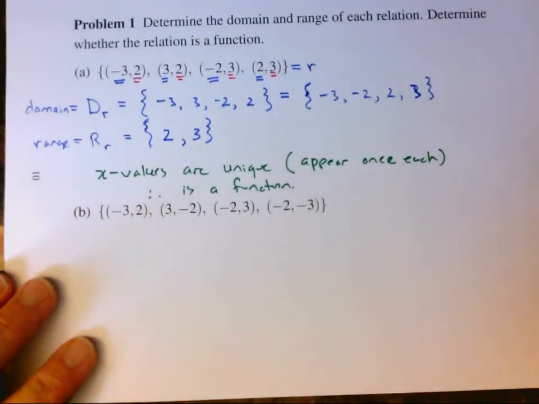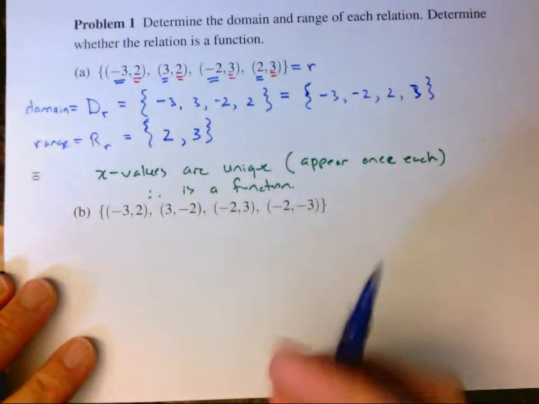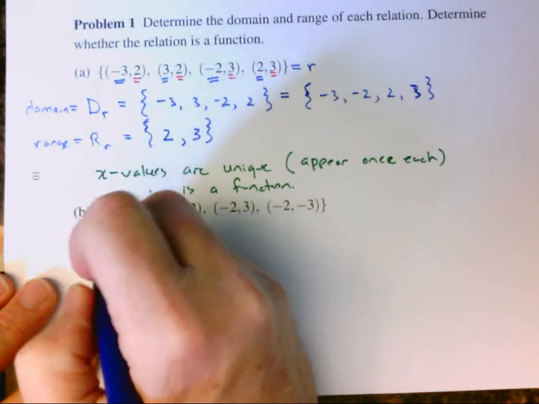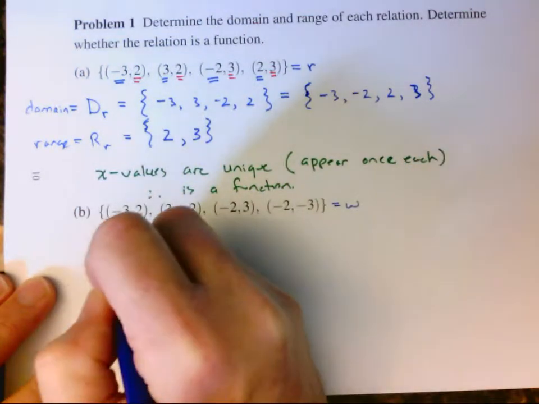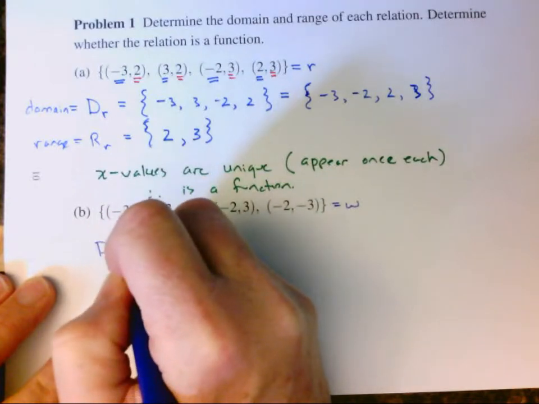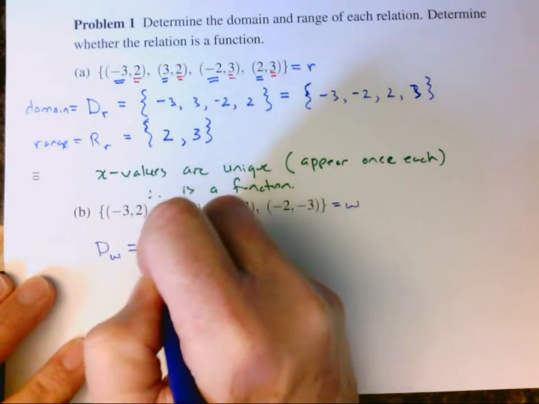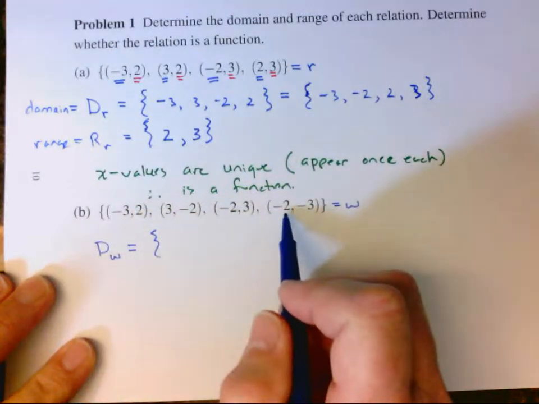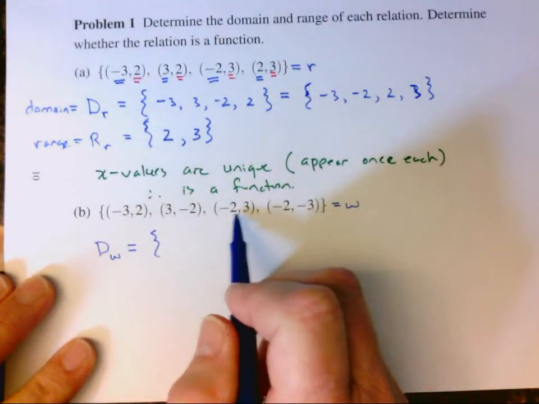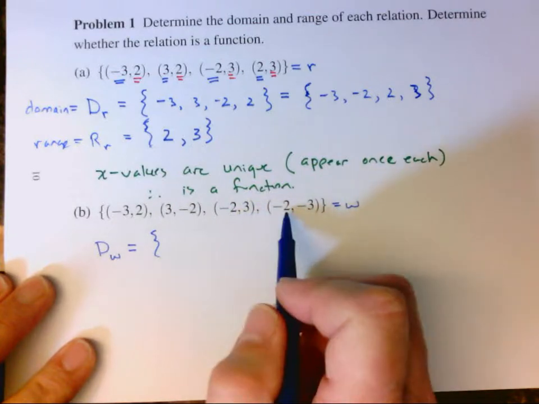If we look down here on part B, let's call this relation W. So the domain of W, that's going to be a -3, a 3, a -2, -2. We see -2 being repeated.